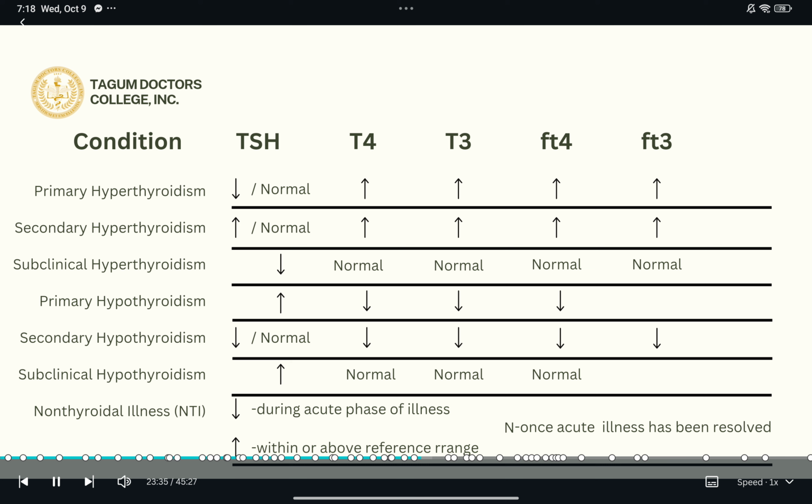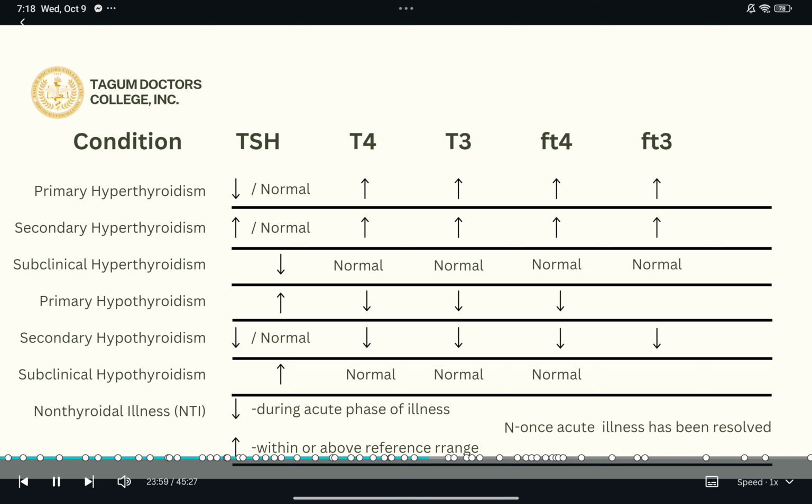However, makita ninyo sa table na whenever it is primary hyper or primary hypo, the TSH is opposite sa kanang other na mga values. If primary hyperthyroidism, all are increased except sa TSH. Pag secondary na hyperthyroidism, everything is increased.